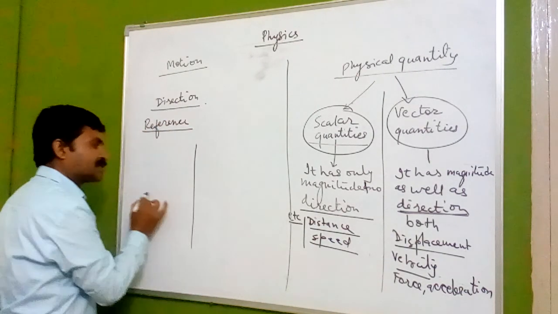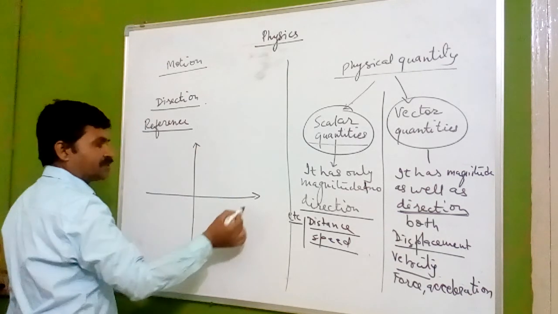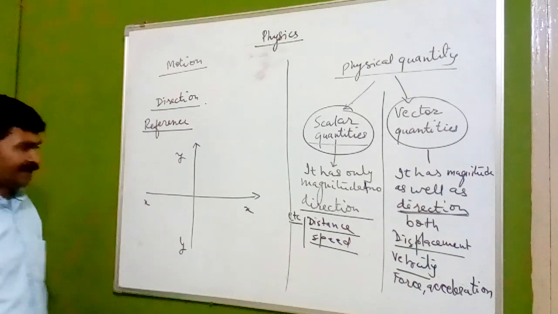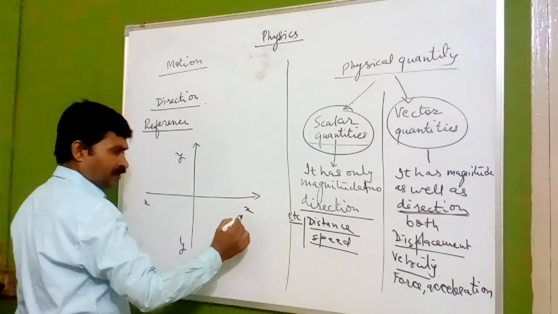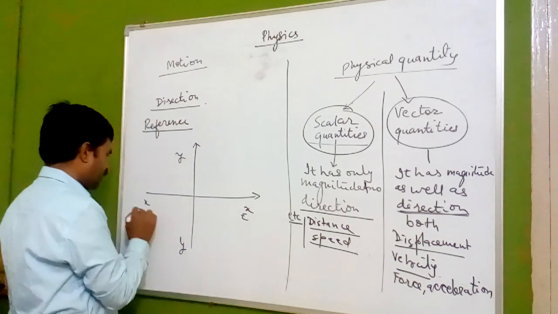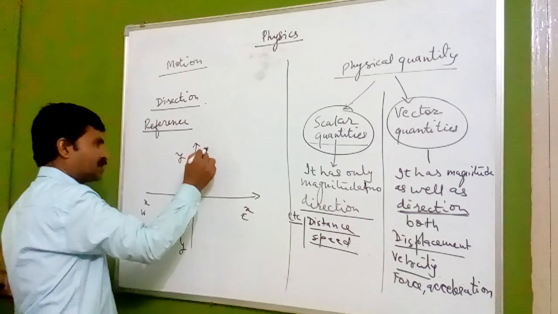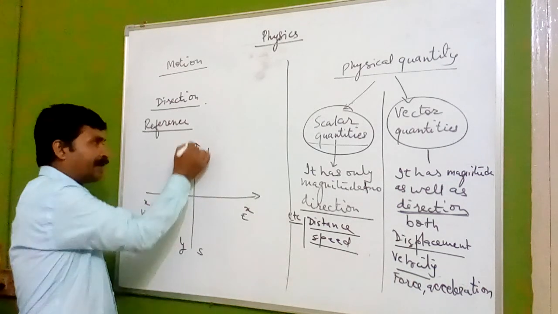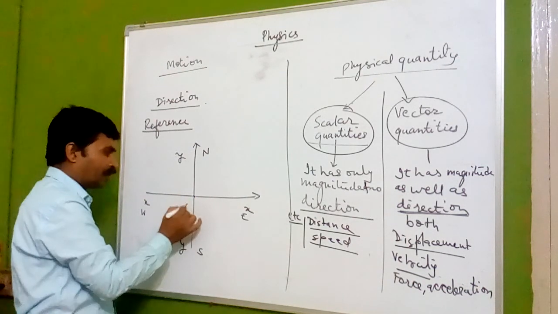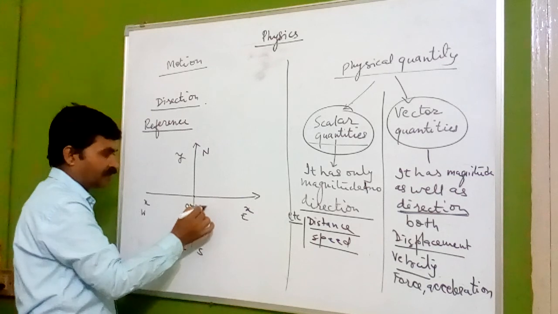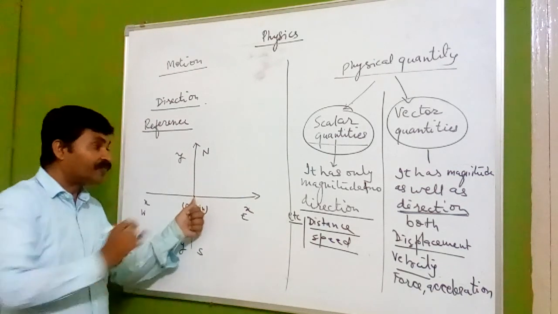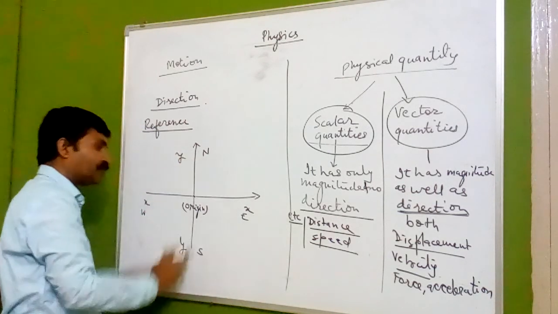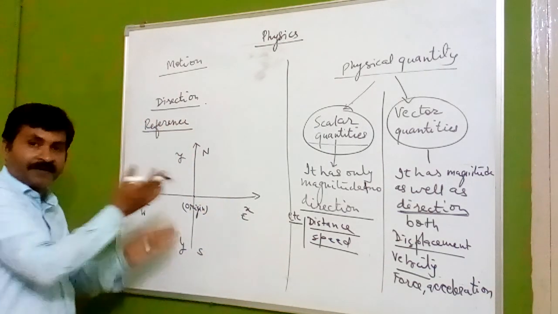Say, for example, it is your x-axis, it is your y-axis, or we can denote it in terms of east, west, north and south. In the x direction and y direction we have this point, which we call the origin. Origin is the point from which this is originated. Both the x-axis and y-axis are perpendicular to each other.